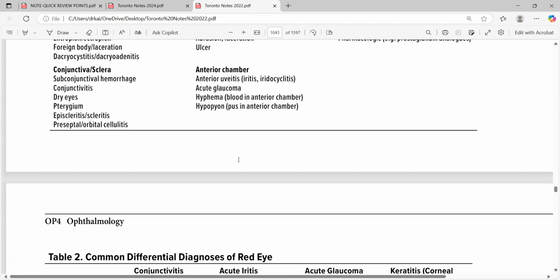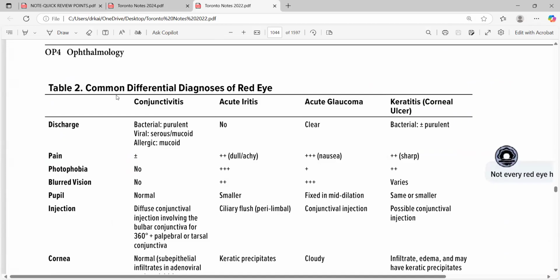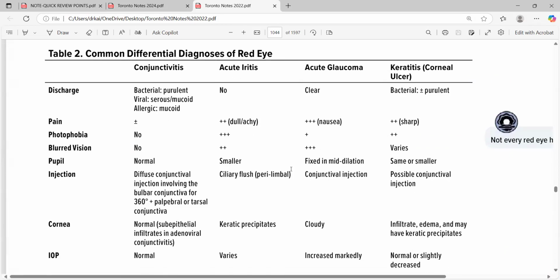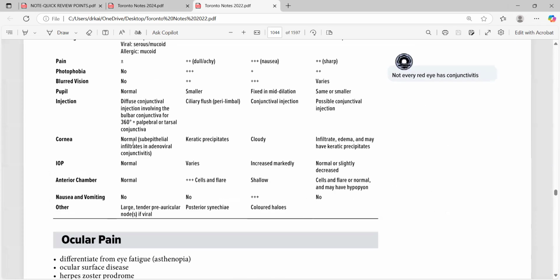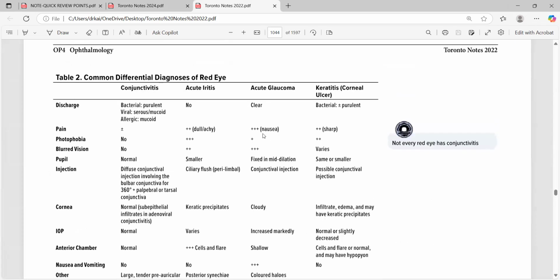I'm talking about this one: the common differential diagnosis of the red eye. This one you can read from here. That's more than enough. So this one you have to do from here. It will give you coverage of everything that you need to know from eye.